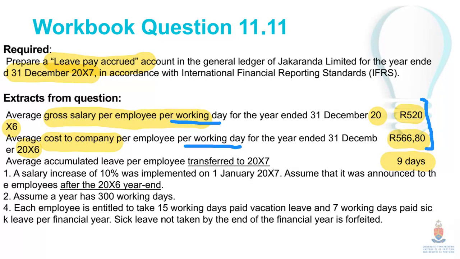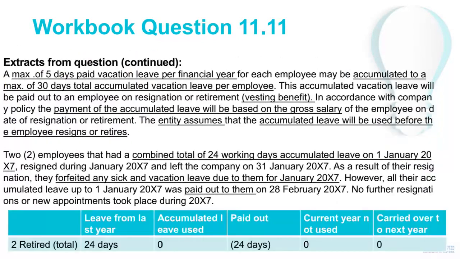Okay, now let's read 5. So I'm going to change the slide. Point 5, towards the bottom of page 146, says a maximum of 5 days paid vacation leave per year for each employee may be accumulated up to a maximum of 30 days total accumulated vacation leave per employee.